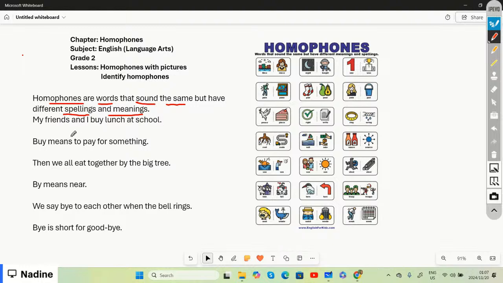And if we look at a few examples of homophones, right? It says, my friends and I buy lunch at school. So buy lunch at school.